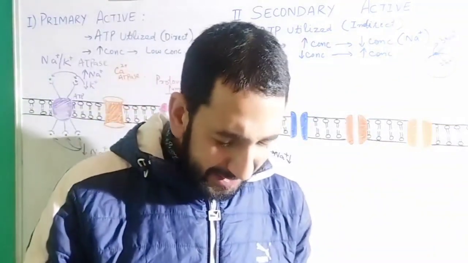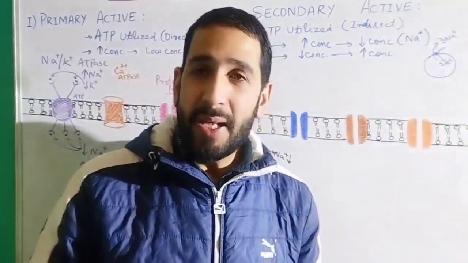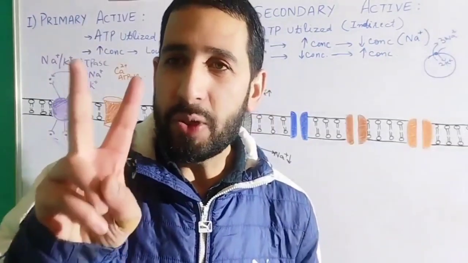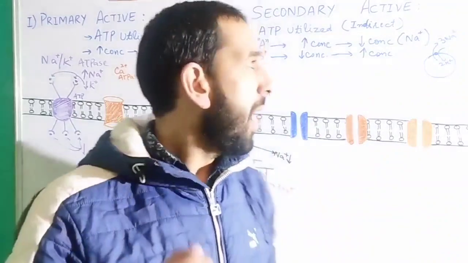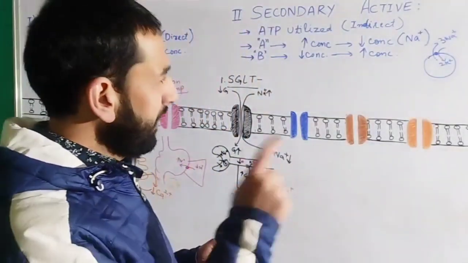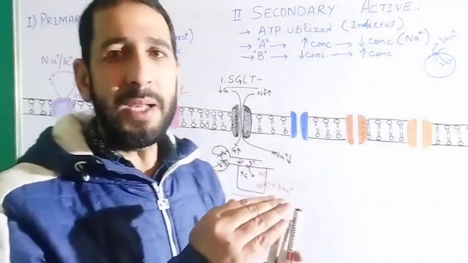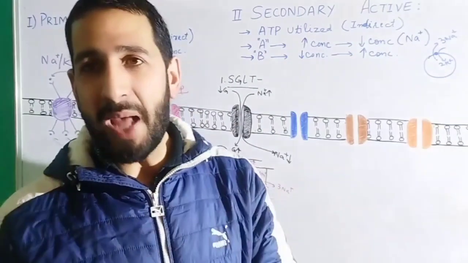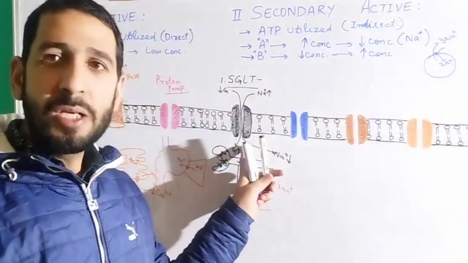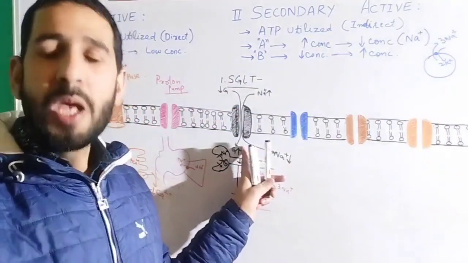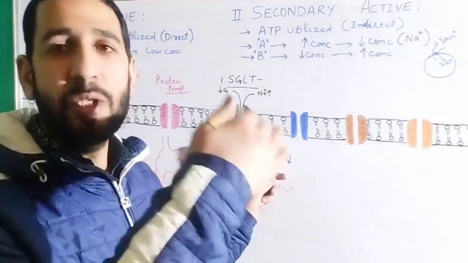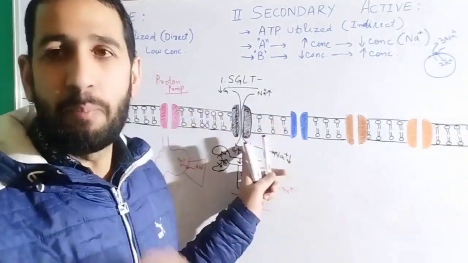Now, the second thing I told you is that it is not necessarily two substances only being transported. There can be three substances as well. And one more thing is that if the substances are being transported in the same direction, as in this case, sodium and glucose, it is going to be a sodium glucose symporter.